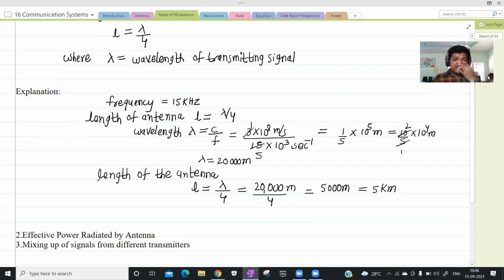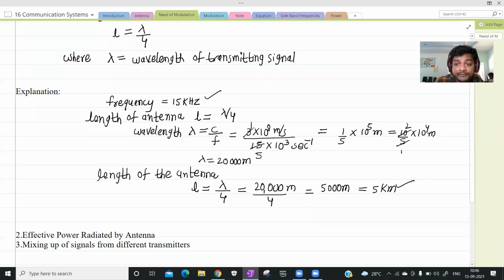What can we understand from this? If you want to send a frequency of 15 kilohertz, the minimum length of the antenna is 5 kilometers.